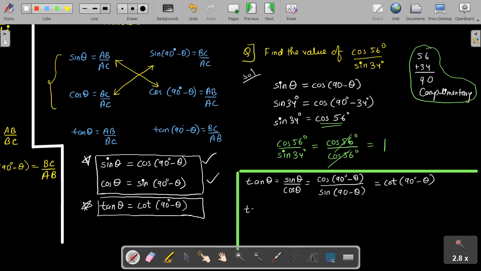Now, tan theta, let us multiply. Tan theta multiplied by tan 90 degree minus theta. When we multiply, AB divided by BC multiplied by BC divided by AB, what answer will you get?